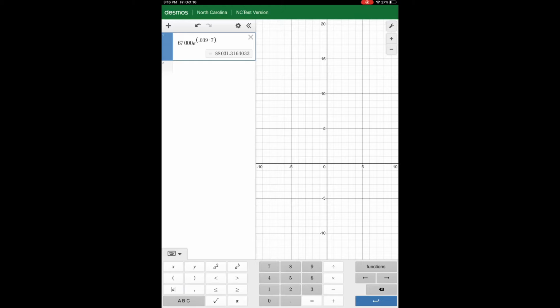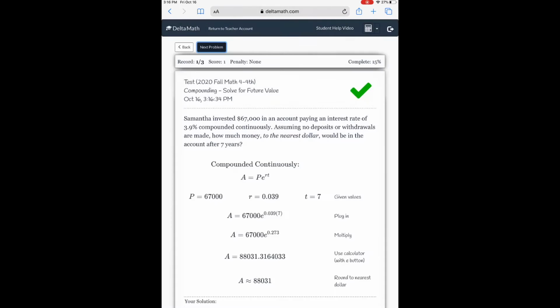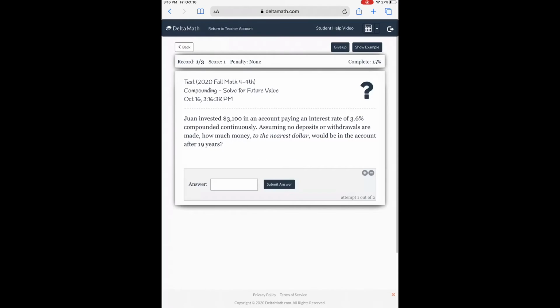And we get $88,031.03. It said round it to the nearest dollar. So if we round it to the nearest dollar, I have 0.03, that is going to round down, so it should be $88,031, and that's all you need to put in.